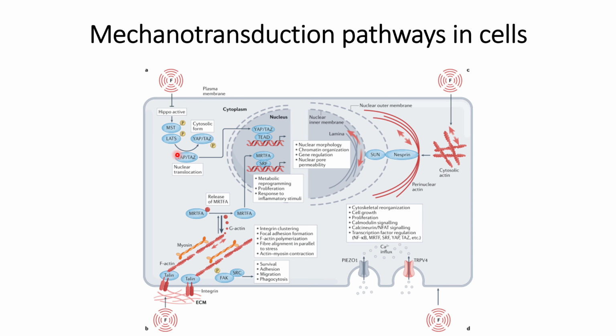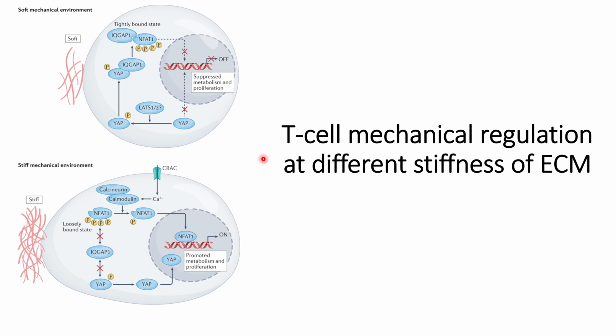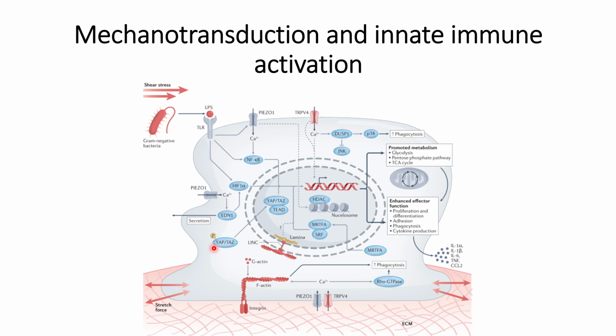Here YAP-TAZ cannot be phosphorylated, and it can interact with TEAD in the nucleus. Then it will cause epigenetic changes in a way that will promote glycolysis, the pentose phosphate pathway, the TCA cycle, and also enhanced effector functions that are mentioned here.